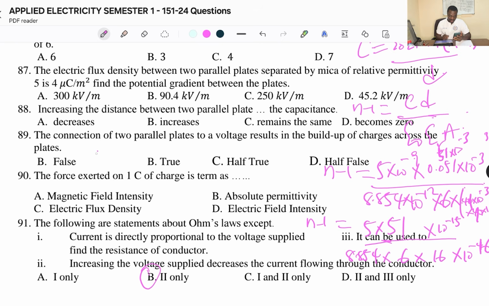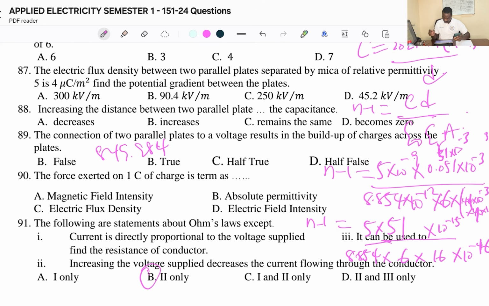So we have this answer, which is 849.984. Okay. Inverse of this. 849.984. Wow. Inverse.